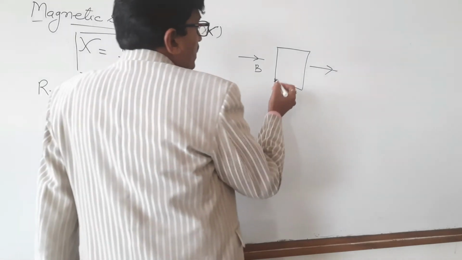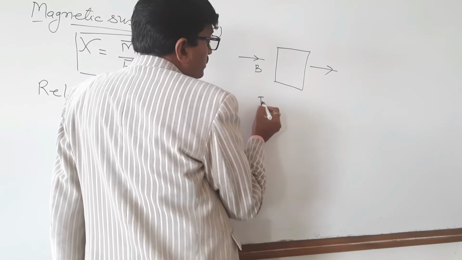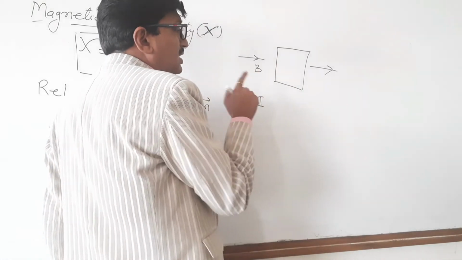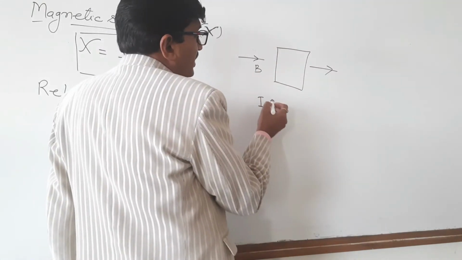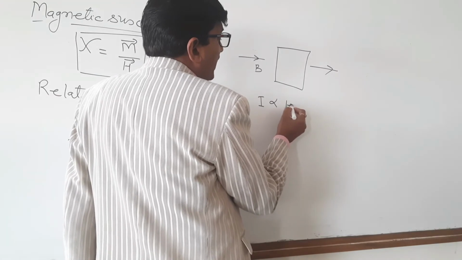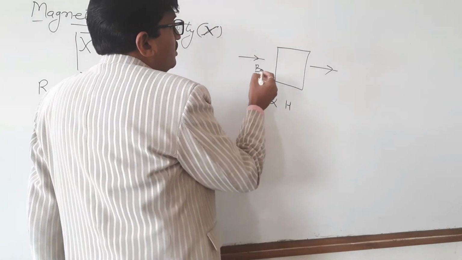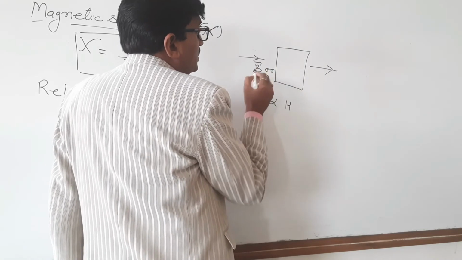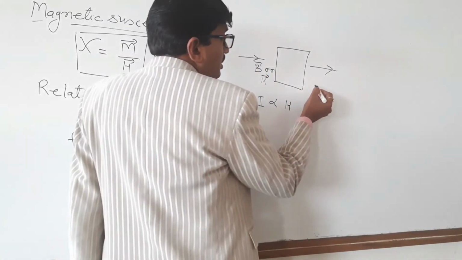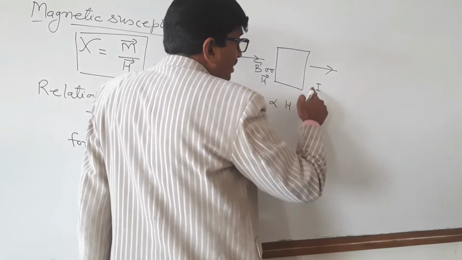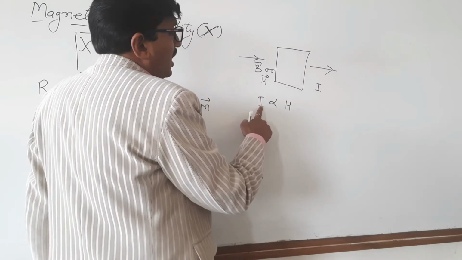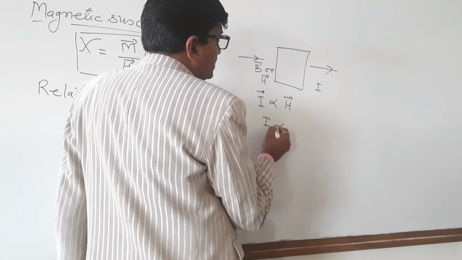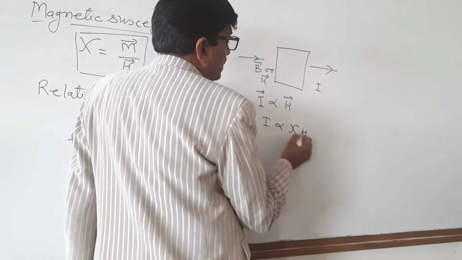Then the intensity of the magnetized material is directly proportional to the applied magnetic induction, we can say B or H. This is applied, and the intensity of magnetization I is directly proportional to H, or we can say I is directly proportional to chi H.